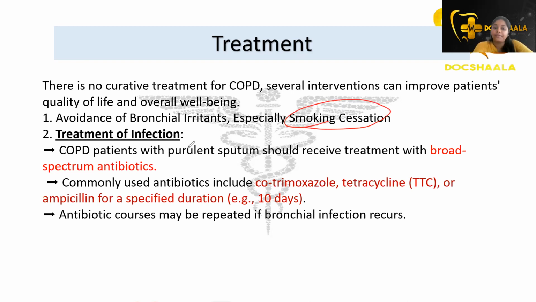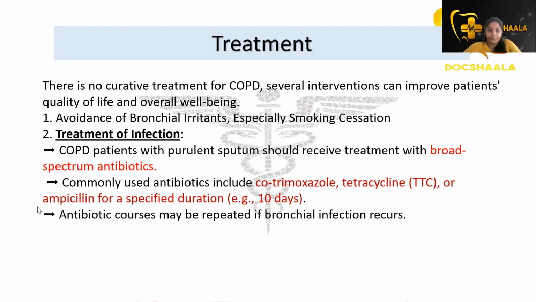And if there is purulent sputum associated with this cough, then it can be treated with broad spectrum antibiotics, and common antibiotics which we use are co-trimoxazole, tetracycline, or ampicillin for a specific duration, for 10 days or like that. So these antibiotic courses may be repeated depending on how the symptoms are reacting towards these antibiotics. Based on that, we repeat these antibiotics.